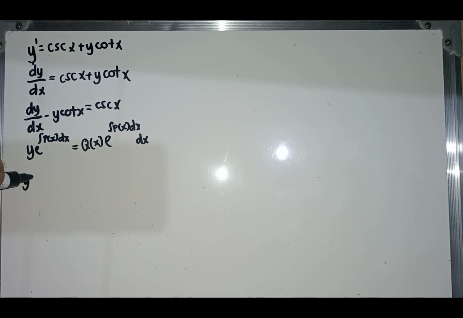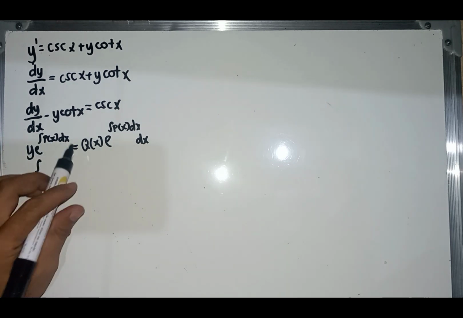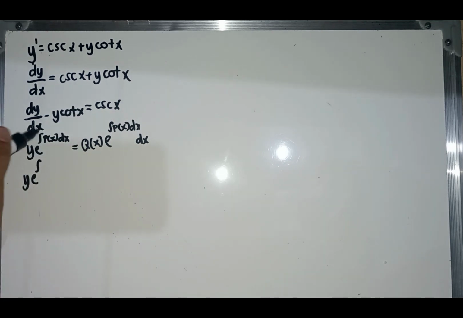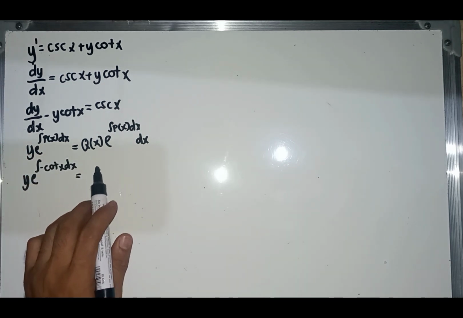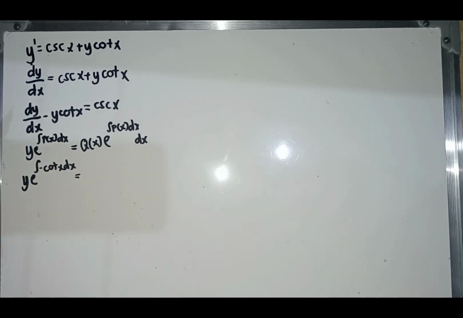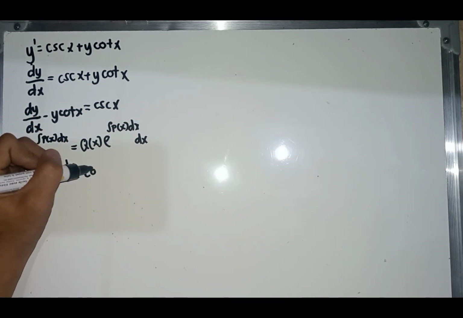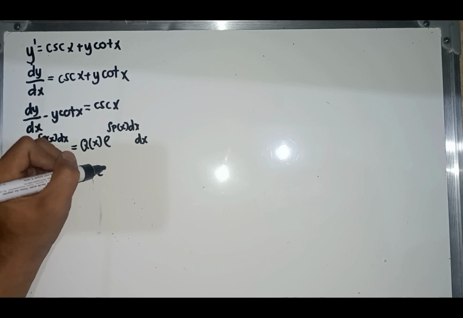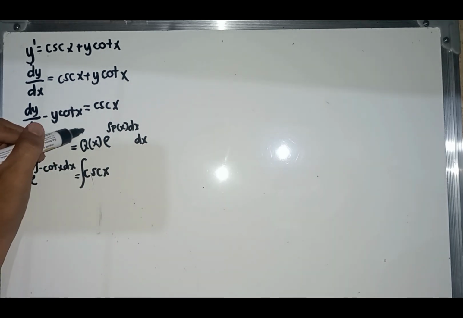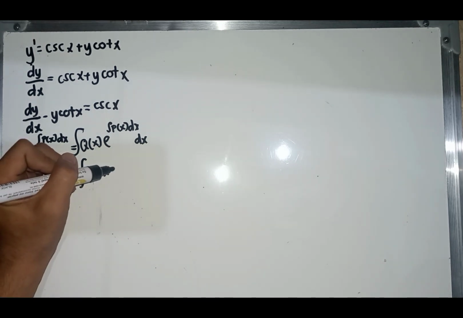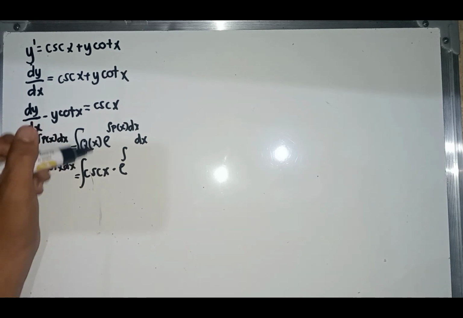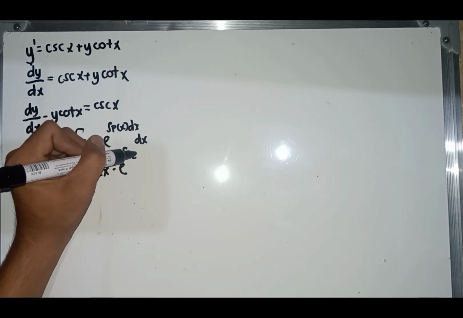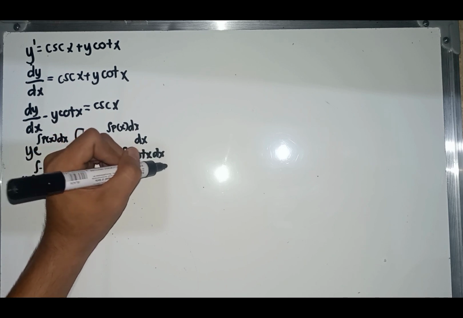We have y e to the power of the integral of p of x, which is negative cotangent of x dx, is equal to the integral of our q of x, which is cosecant of x, multiplied by e to the integral of negative cotangent of x dx, and then dx here.